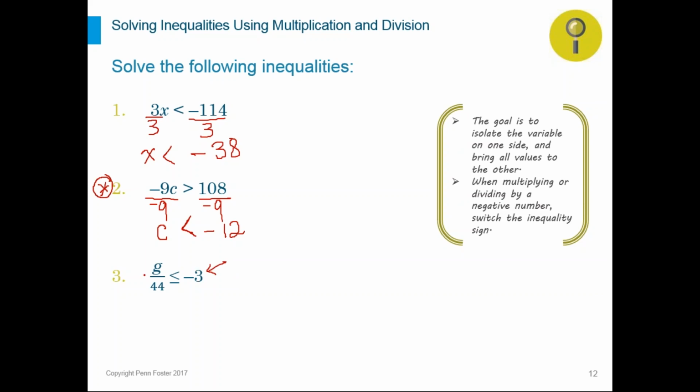So, in this case, I'm just going to multiply times 44 on both sides. Of course, 44 times g over 44, that's a 1. So g over 1 is a g. Less than or equal to, multiply. Negative 3 times 44 will give you negative 132. We did not switch the sign.